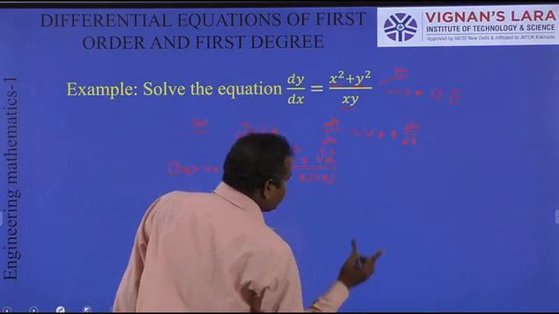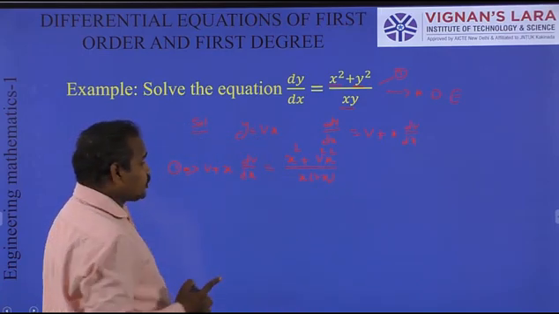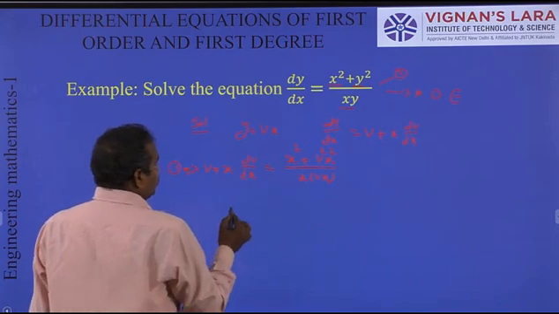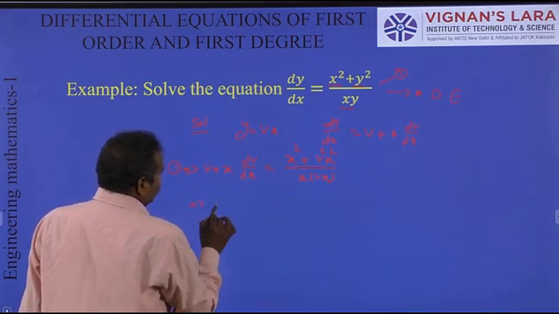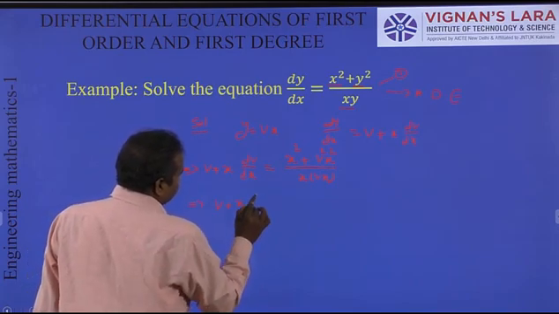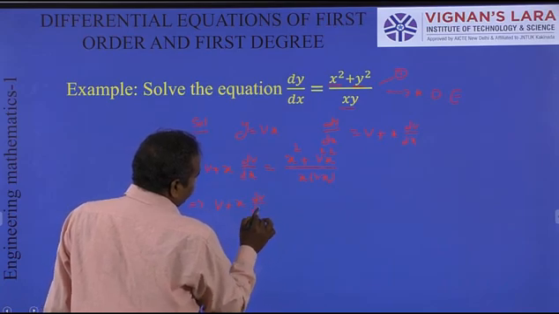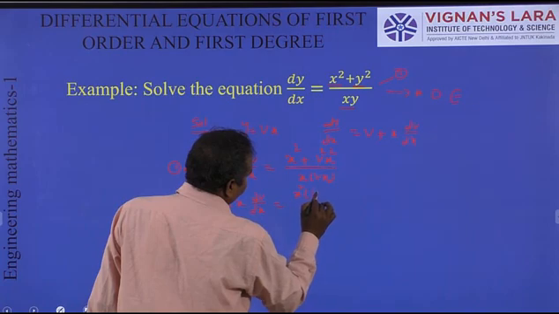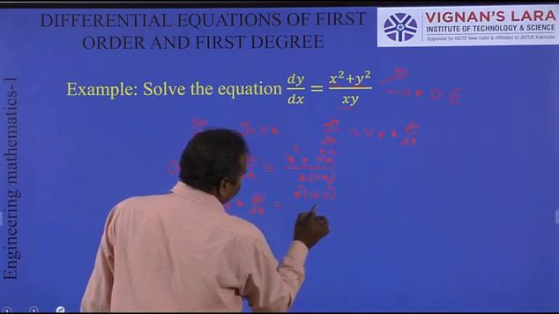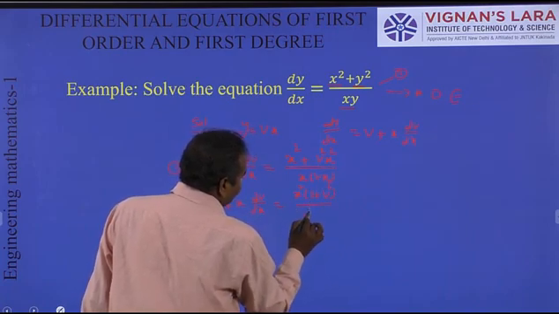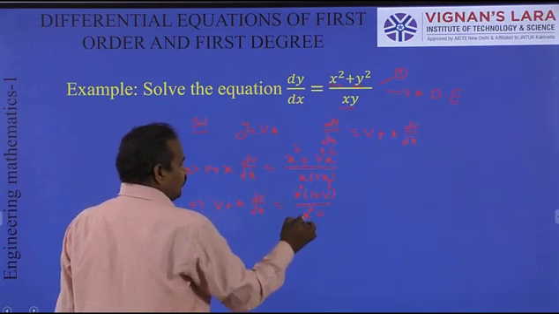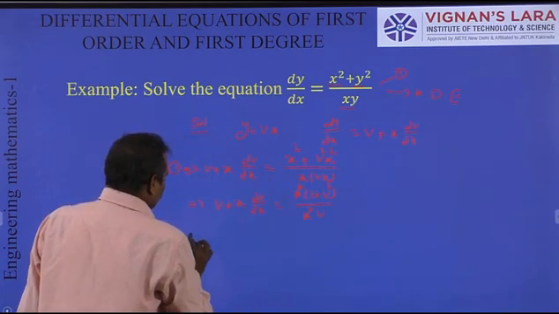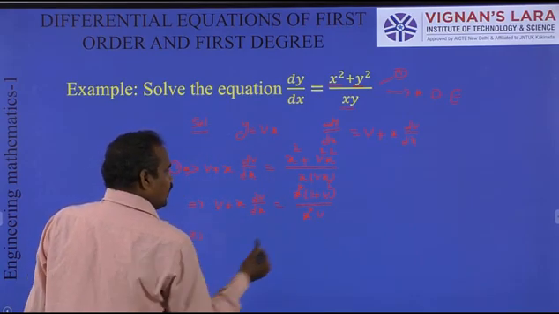The numerator has the common term x square, so take that out as common. Then this changes as v plus x into dv by dx is equal to x square into (1 plus v square) by x square into v. The x square gets cancelled.